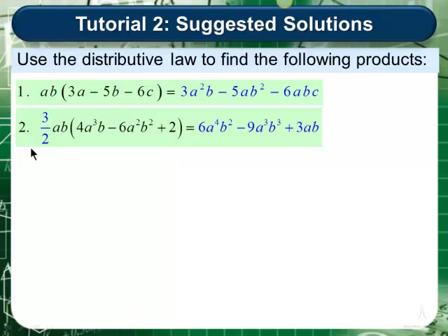In the second problem, we have a similar situation, except that we have a numeric coefficient 3 over 2 in front to deal with. So you can see that if you multiply 3 over 2 with 4, minus 6 and 2 respectively, we have the numeric coefficients of the three terms in the expansion if we apply the distributive law in such a case.